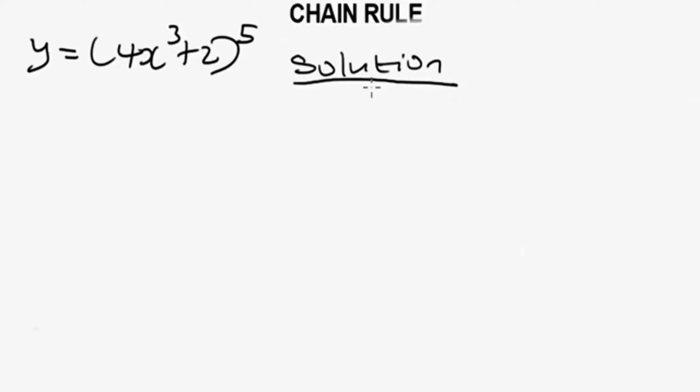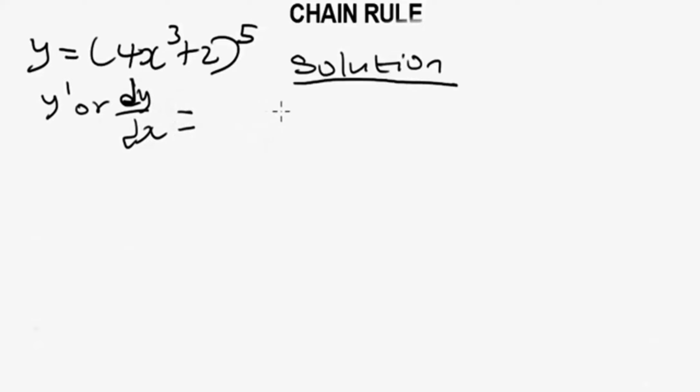Whether you say chain rule or function of function, they both mean the same thing, so don't be confused. For this particular question, the y prime, another term for y prime is dy over dx, will be, now this is the idea behind it.